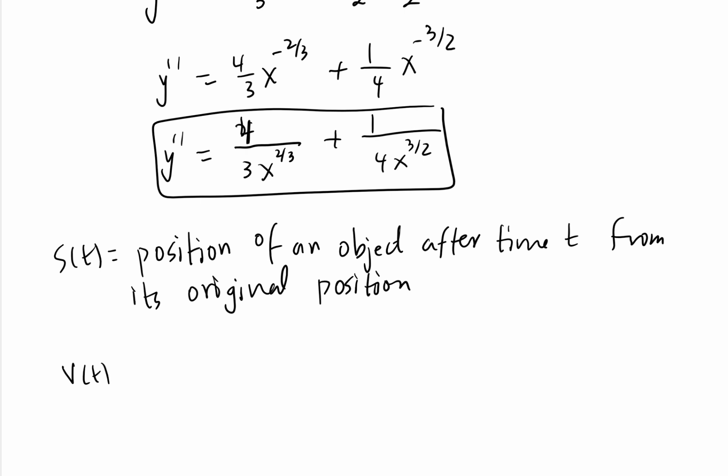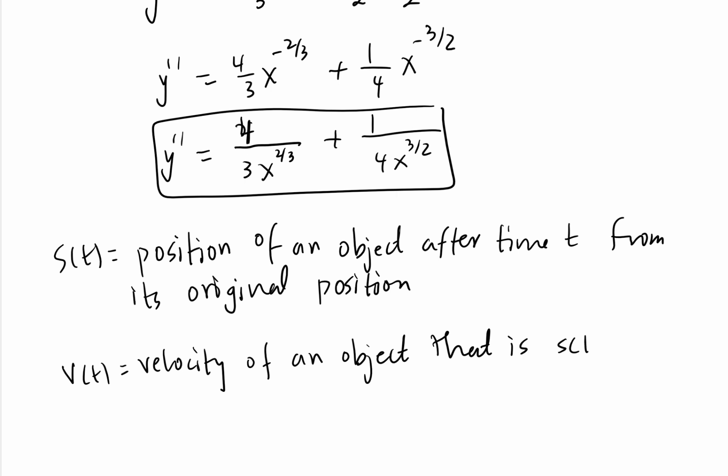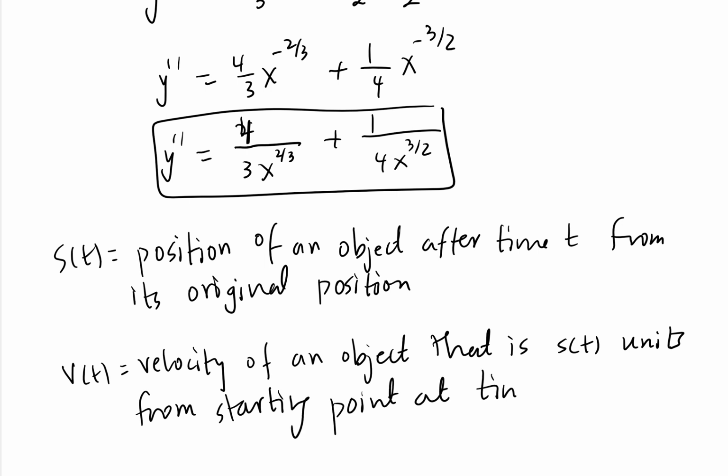Also, we have v of t. That's the velocity of an object that is s of t units from the starting point at time t. That's what v of t is.